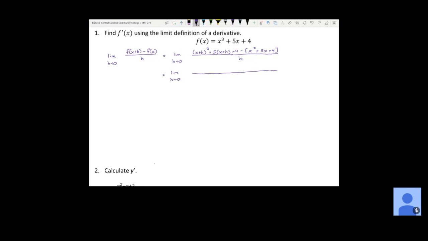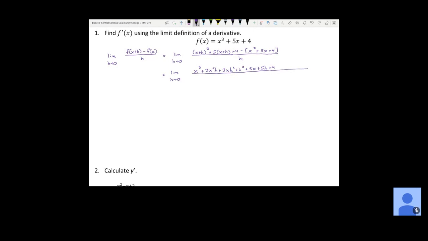Good, right? And so if you just remember this, you can go ahead and do it this way. If not, you can actually do x plus h times x plus h times x plus h, work it all out, right, and combine like terms. This should give us x cubed plus 3x squared h plus 3x h squared plus h cubed. All right, and then we can distribute the 5 here, so that's going to give us plus 5x plus 5h plus 4.